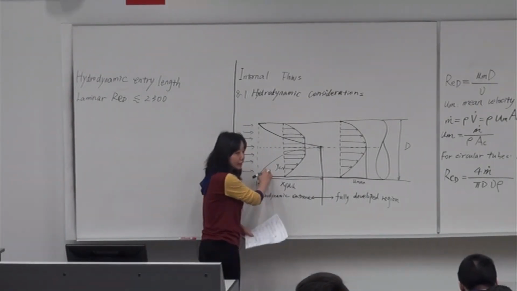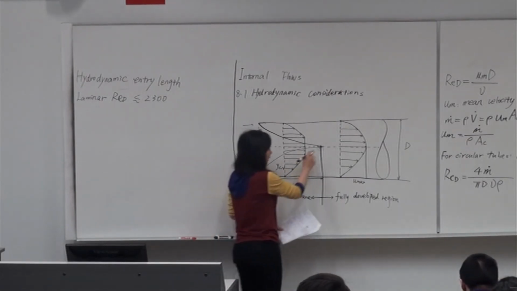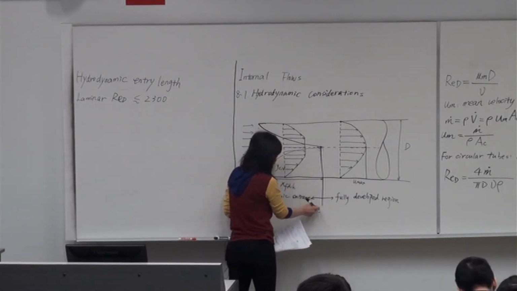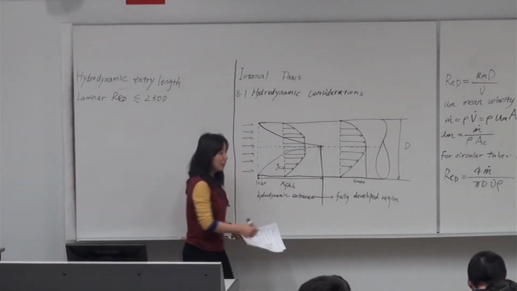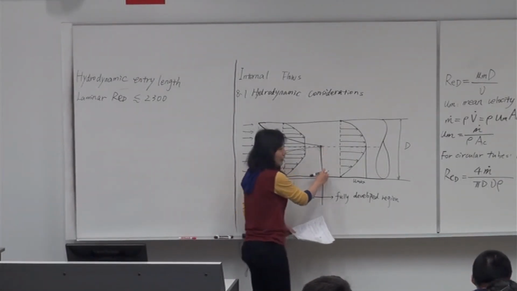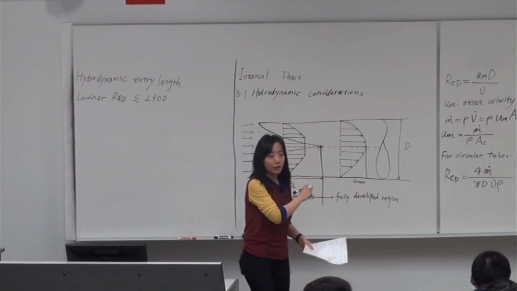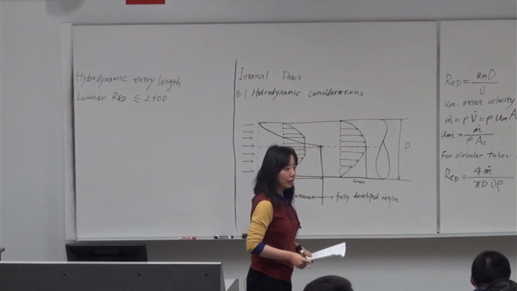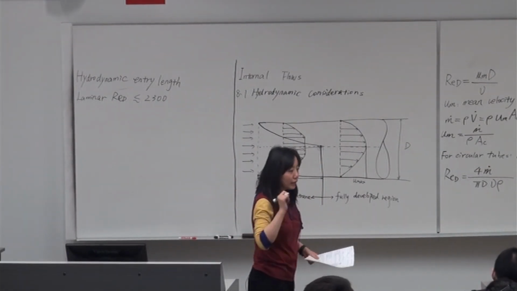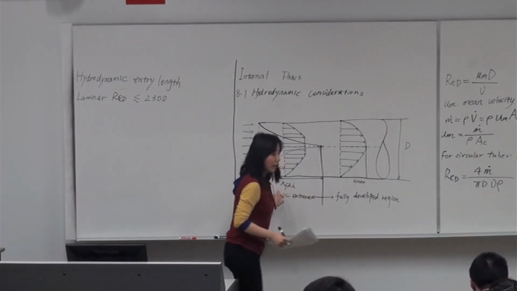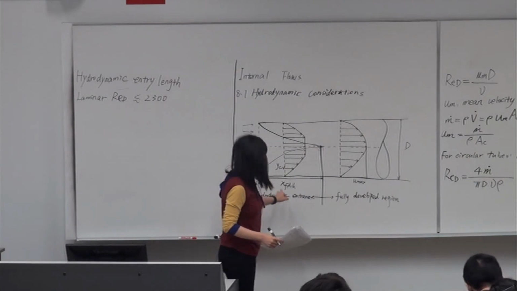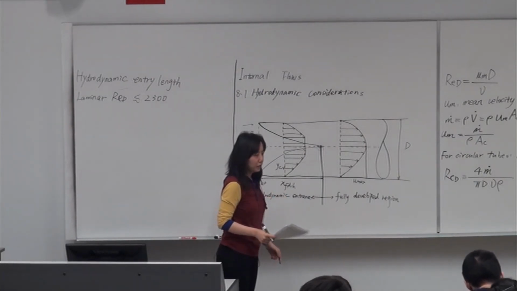We have our viscous boundary layer. It keeps growing, and at the hydrodynamic entry length it has increased to half the diameter of the tube. So what can we write there to help us derive how much x it is for laminar flow?